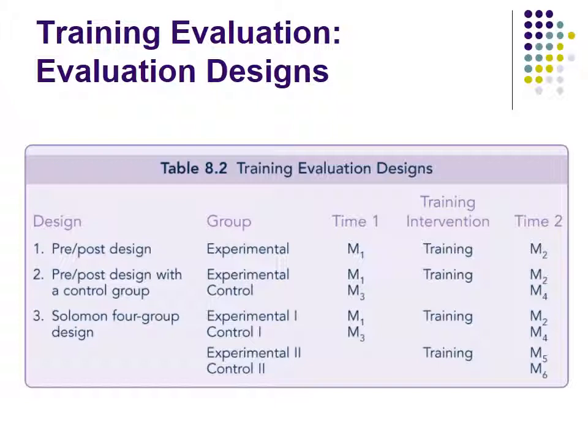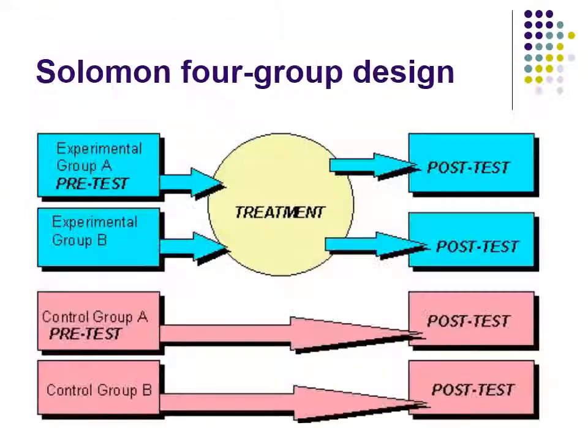And likewise, control group 1 and 2, their means, mean 4 and mean 6, should be lower than either of the training groups. But again, control group 1 should be a little bit higher than control group 2 because it had pre-exposure. When you find that pattern, that's a strong indication that the only thing that could have caused that particular pattern was the effect of training.